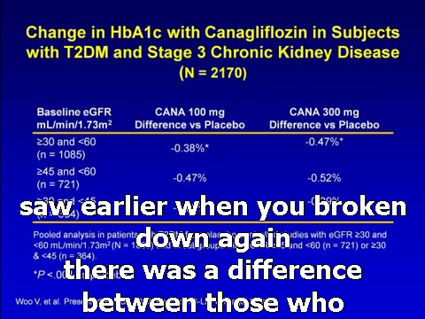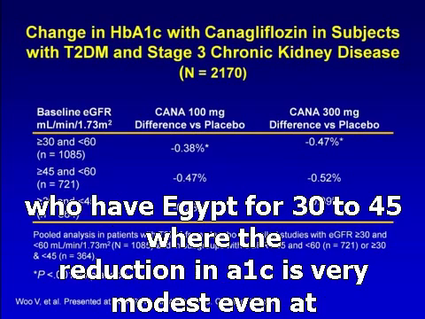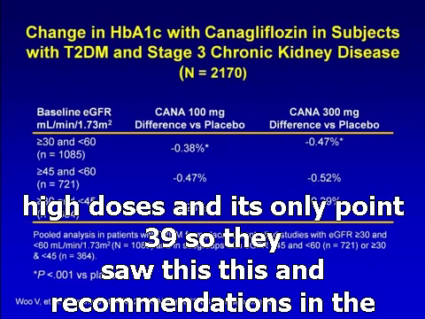When you broke it down, again, there was a difference between those who had an eGFR of 45 to 60, where the reduction was 0.52, as compared to those who have an eGFR of 30 to 45, where the reduction in A1C is very modest, even at the high dose, and is only 0.39.